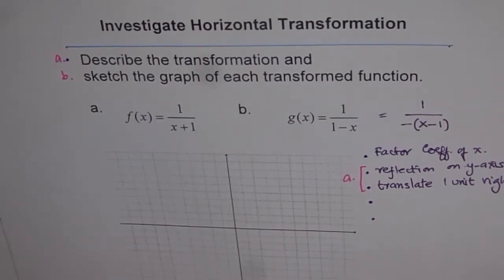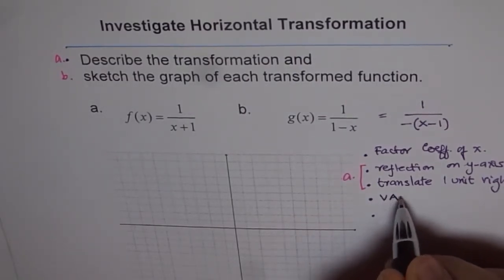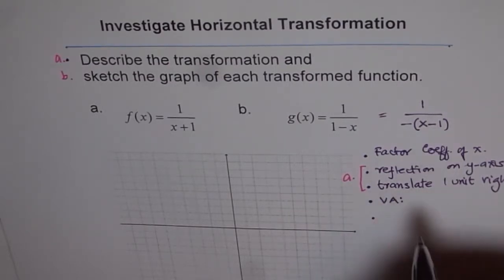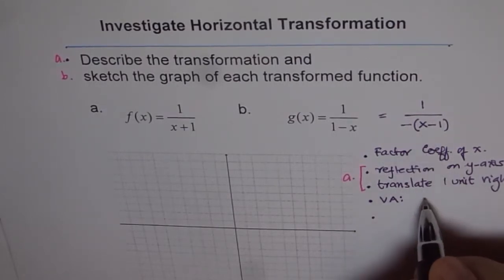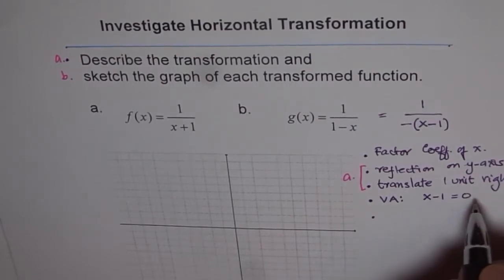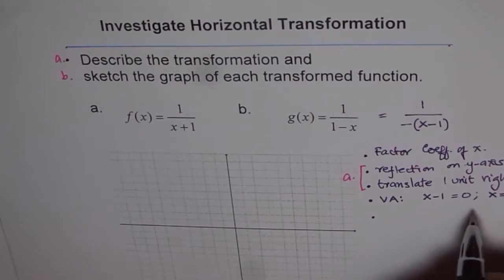So the first thing you have to figure out is where the vertical asymptote is. A vertical asymptote is a point which is not in the domain of the function, and that happens when the denominator is 0. So to find the vertical asymptote, equate the denominator to 0. Our denominator is x minus 1, equated to 0, and you get x equals 1. So we have a vertical asymptote at x equals 1.